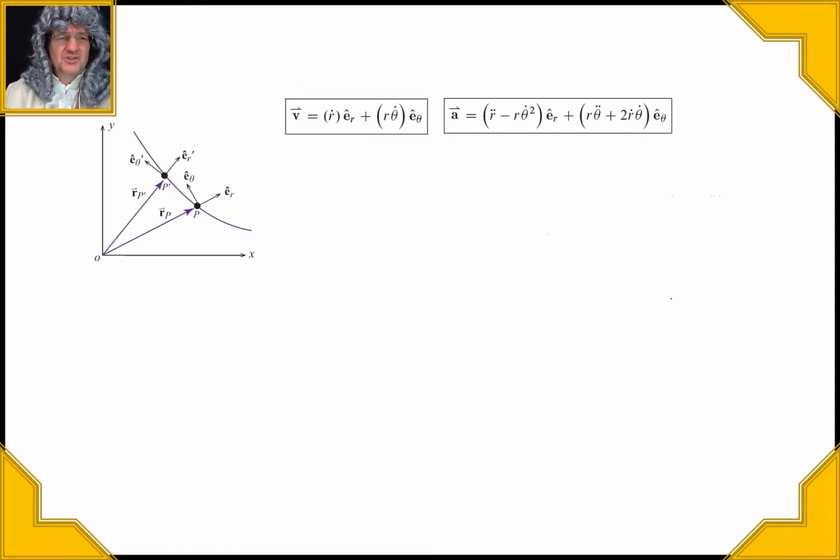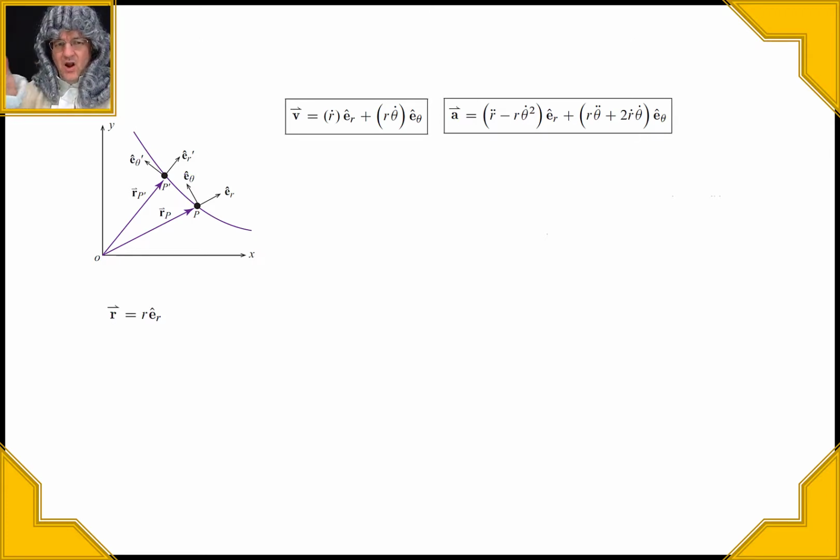So here's a quick and dirty derivation about where the acceleration components come from, or even where the velocity components right here come from, right? The position vector actually doesn't really need the e_theta in it, okay?